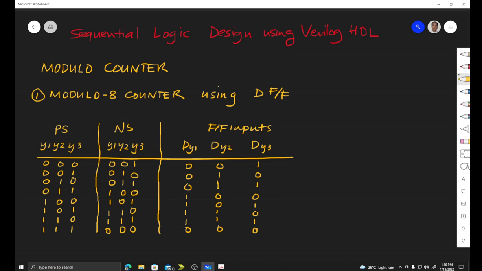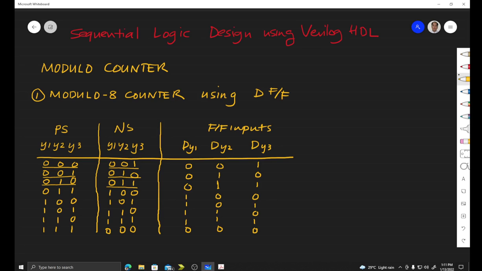Present state 0, then its next state is 1. Then if your present state is 1, the next count is 2, or 0, 1, 0. Then for present state 0, 1, 0 or 2, its next state is 3.